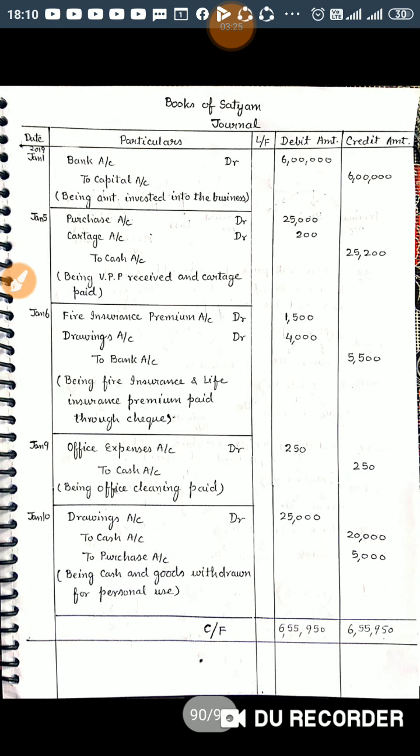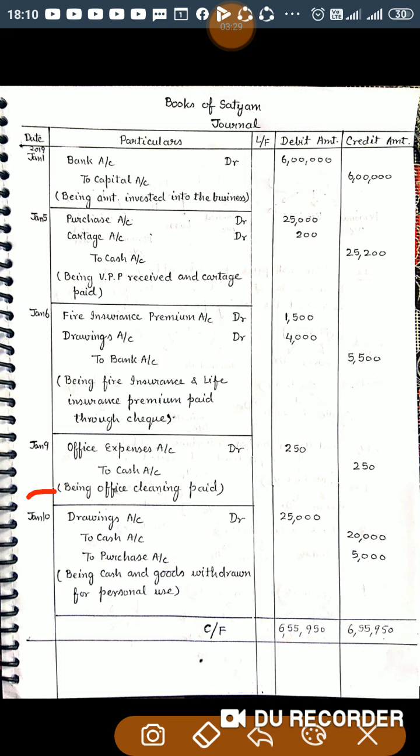And the journal entry will be: we will write first the date January 10, drawings account debited 25,000. He is withdrawing 20,000 cash and 5,000 goods, so total drawing is 25,000, being cash and goods withdrawn for personal use.